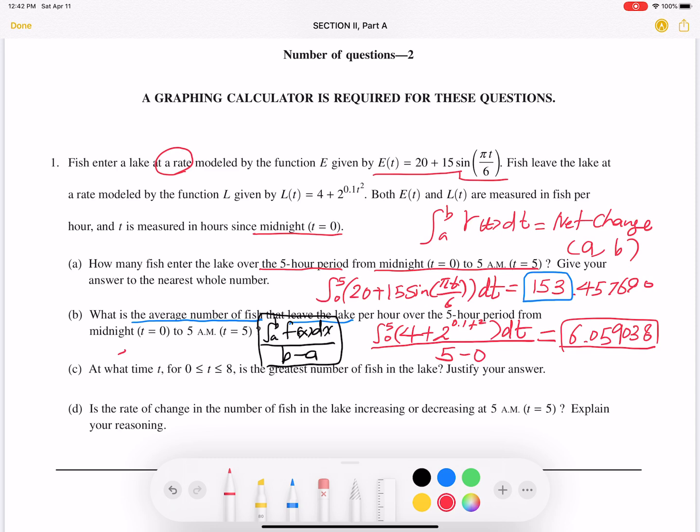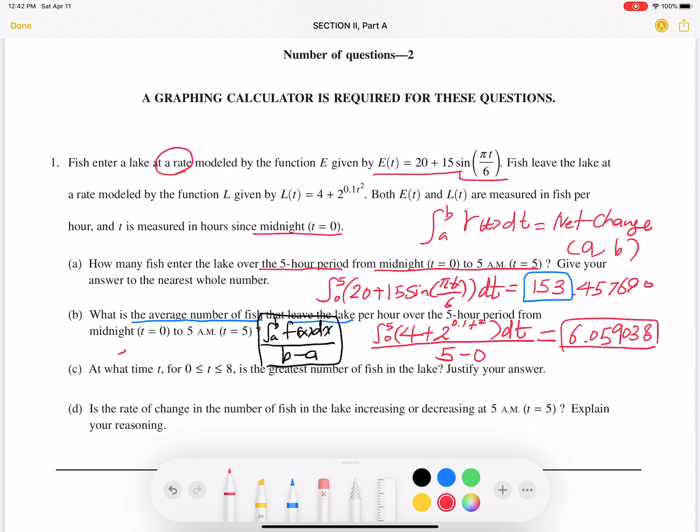That's the answer. So you have to understand how to find the average of a function: the integral from a to b of f of x dx over b minus a. In this case, the integral from 0 to 5 of L of t dt, because it asks for the average number of fish that leave the lake, so we use L of t, not E of t, and divide by 5 minus 0. That's the answer.